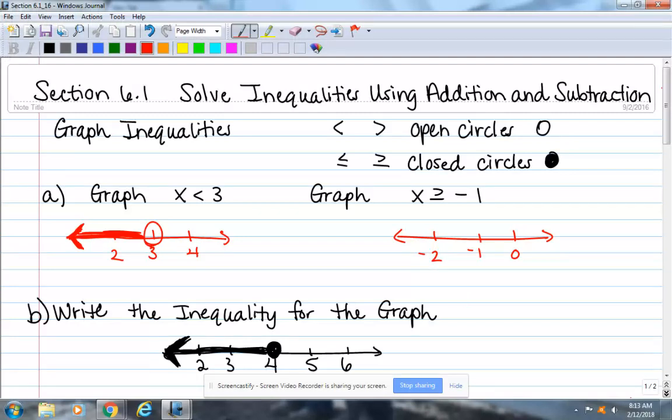Does it get an open circle or a closed circle? Closed, because we're including -1 in our answer. It gets to be part of the answer. And which way do we shade? To the right to say greater than or equal to. So make sure when you darken it that I can tell which side is supposed to be the dark side.